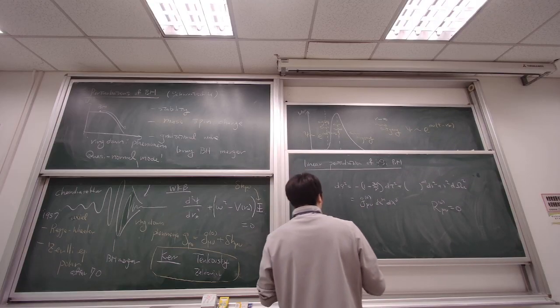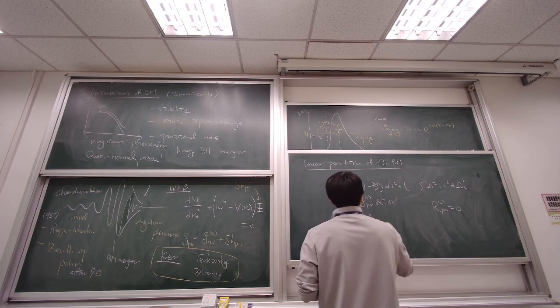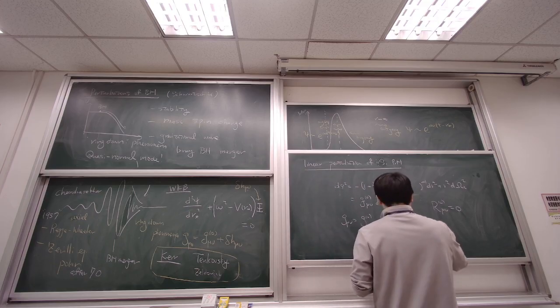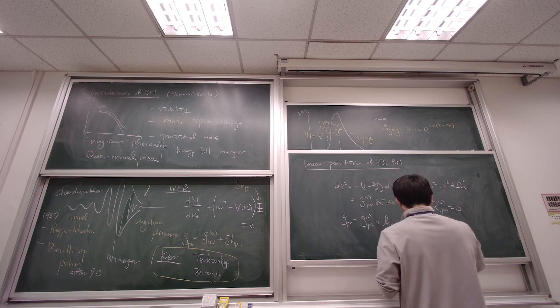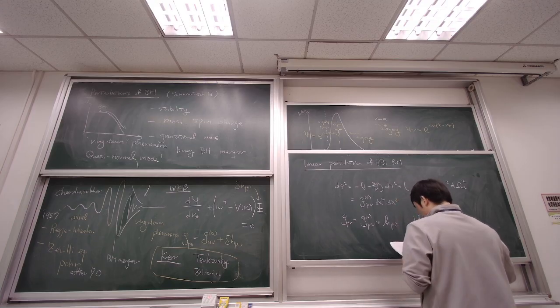And then we perturb the metric: g0 mu nu plus h mu nu, and I assume the perturbation is very small.